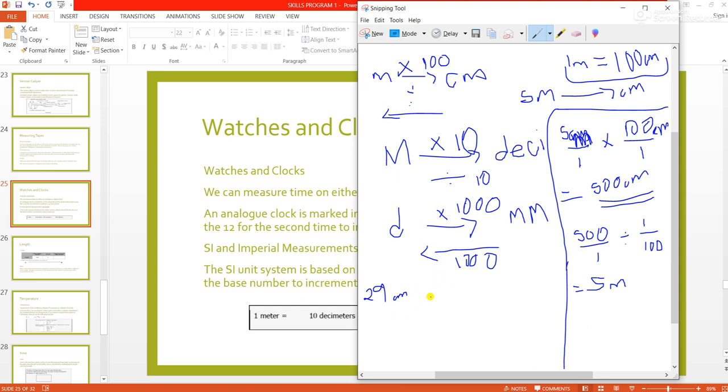So what we'll do, we'll take 29, divide it by 1, divide that by 1 meter all over 100. That will give us 29 over 100. Our answer will be 0.29. And when we want to convert that back to centimeters, we'll have to times that by 100, and that will give us 29.